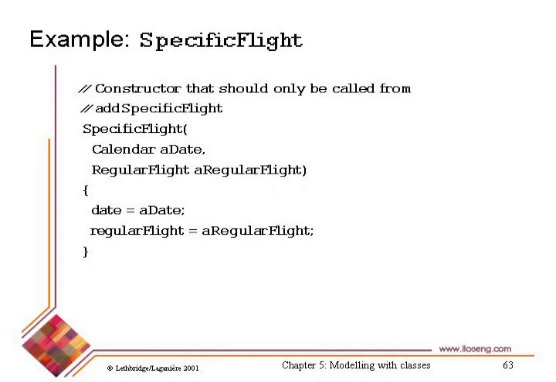It's going to be called by the regular flight, and it will allow us to schedule a particular occurrence of that flight on a particular date. So all we're doing in the constructor is assigning the value of the attribute date and the association, regular flight. So notice that when it gets down to code, attributes and associations have a lot in common with each other. They're both implemented as instance variables.